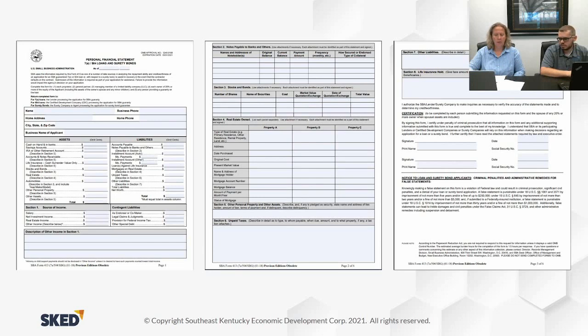It is a little bit, but once you get into it, it starts to get overwhelming. So really what we want to do is go through this step by step to make sure that you understand what they're asking in each section, what to put where, and how to make all of the numbers work out the way that they're supposed to.